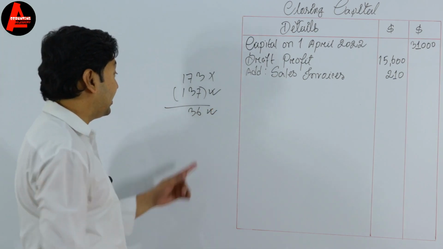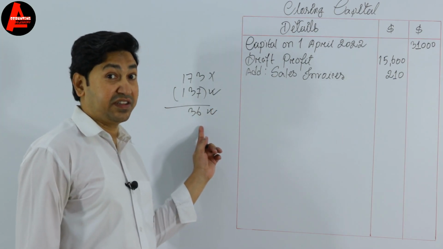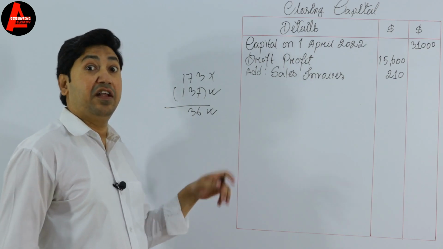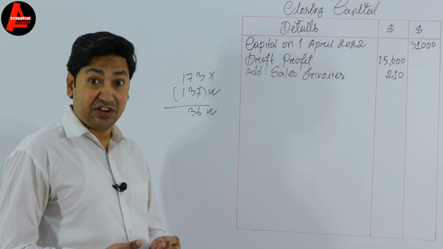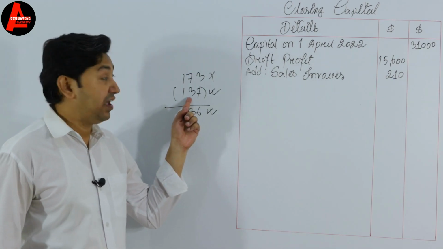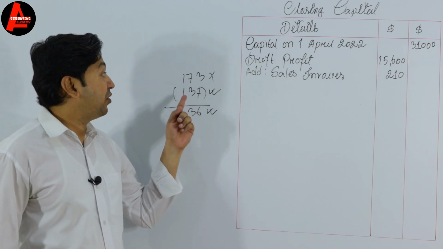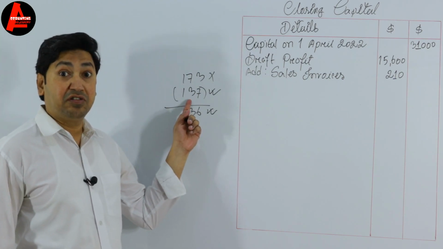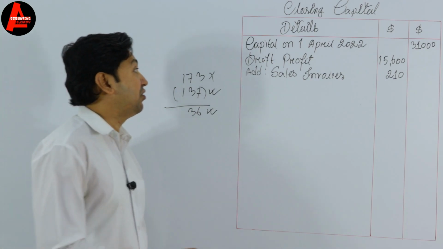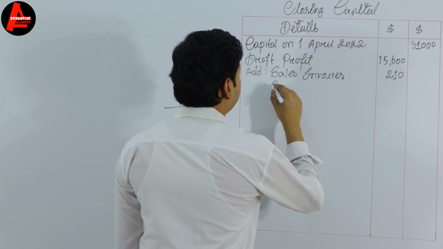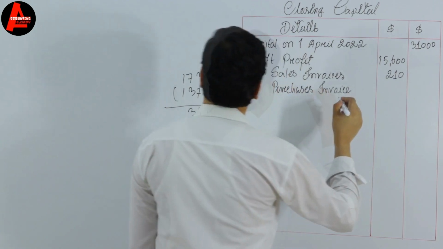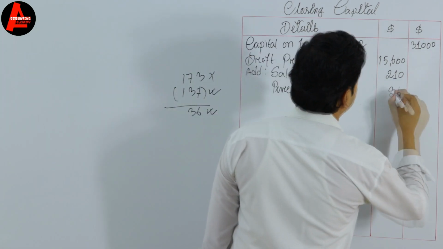This $36 is an expense. Purchase is an expense. For this extra expense of $36, the profit has been decreased, right? So now we have to reduce the expense, from 173 to 137. If we reduce the expense, profit will be increased. So again we will add here purchases invoice, $36.